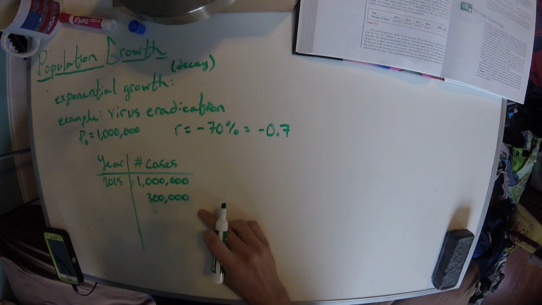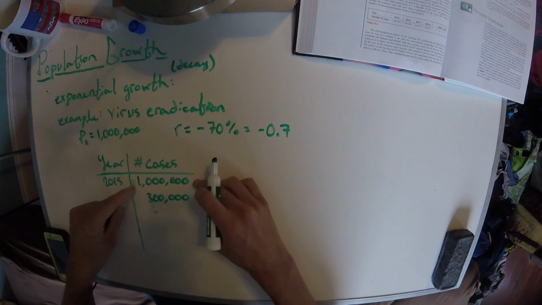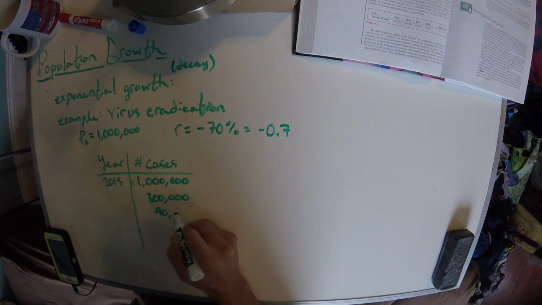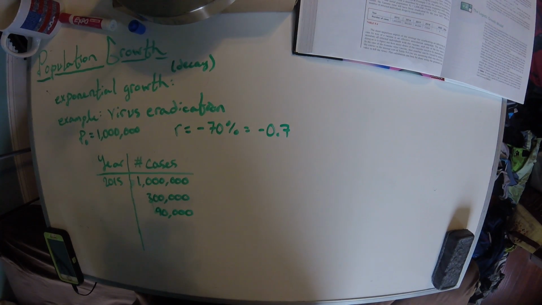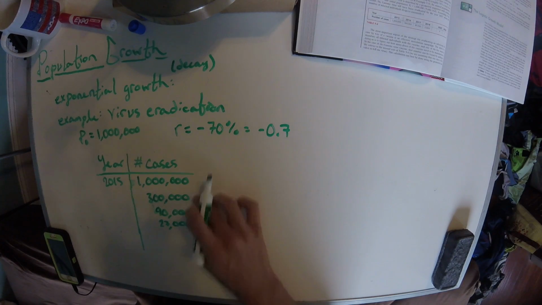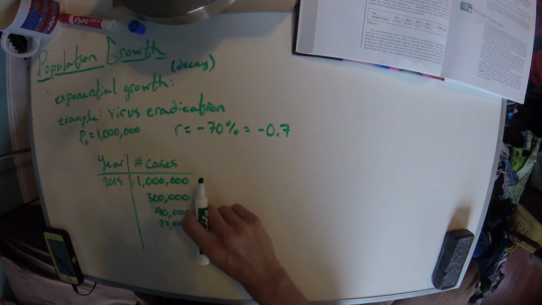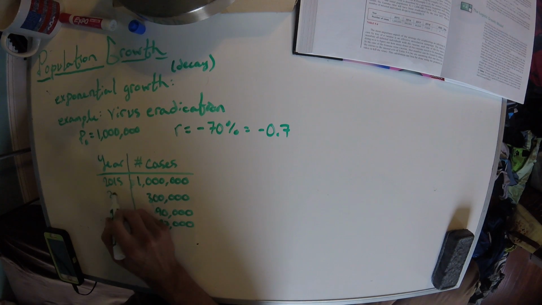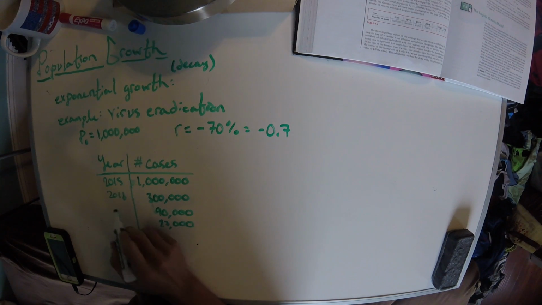So we subtracted off 70% of that original 1 million. And now we're going to do that again: 90,000, and then 27,000. This is for 2016, 2017, and 2018.